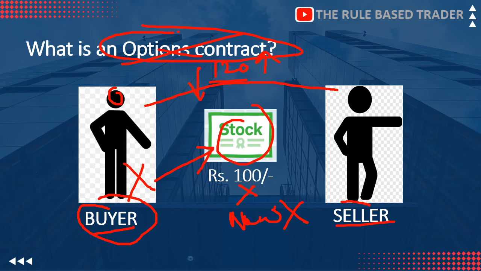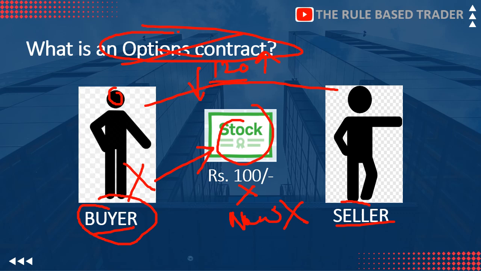Why would the buyer want to execute the options contract and buy the stock at 120 rupees when it is below 120 rupees, which will make him a loss? If he still wants to buy it, he will buy at the marketplace at less than 120 rupees.